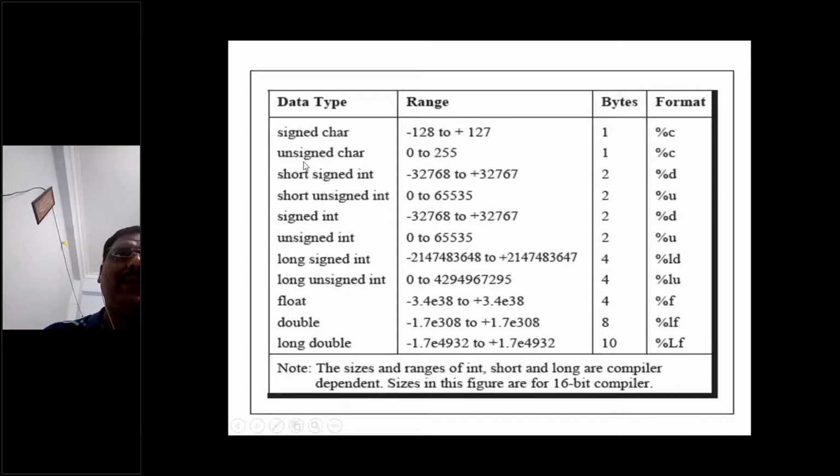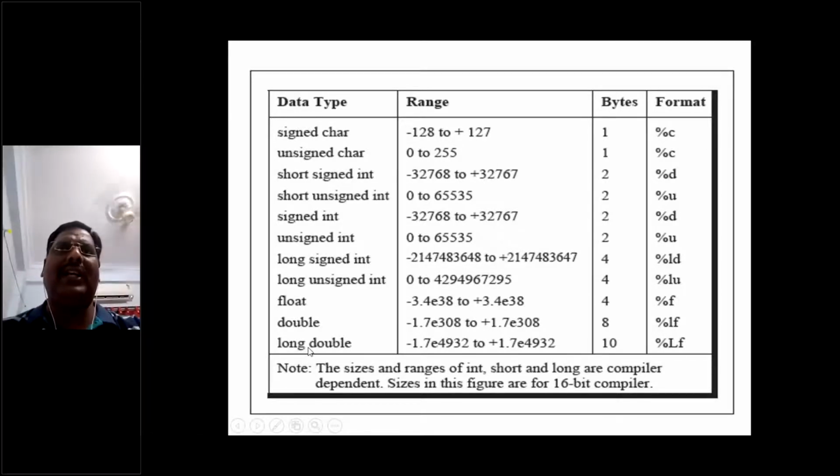Unsigned accepts only positive values, whereas long and short both occupy 2 bytes of space. Let us see a simple example: a long double. Double has a size of 8, plus long has a size of 2, so 8 plus 2 is 10.